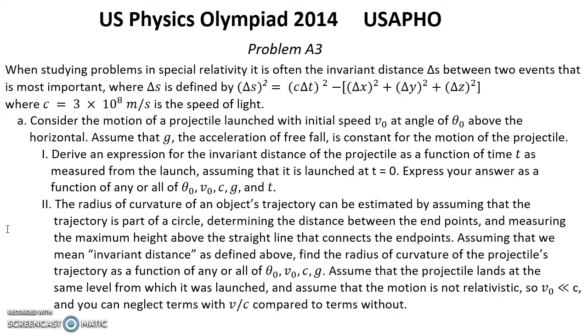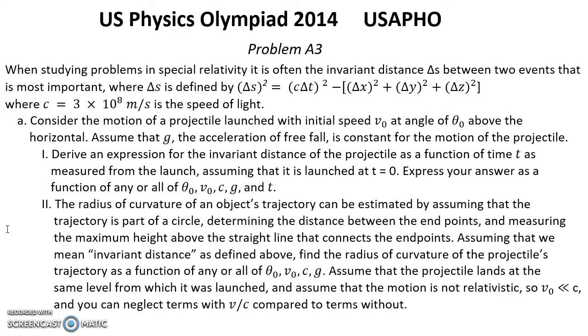Question B. The radius of curvature of an object's trajectory can be estimated by assuming that the trajectory is part of a circle, determining the distance between the endpoints and measuring the maximum height above the straight line that connects the endpoints.